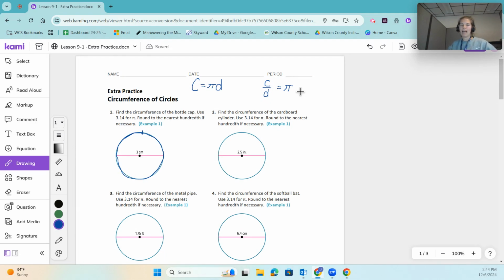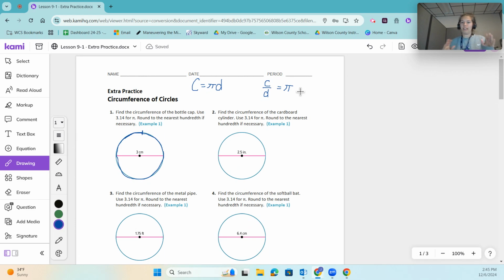Okay, if you had a pop can and you took a string and you wrapped it around the outside of that pop can, and then you figured out what the diameter of that pop can was and you divided those two, you would get a number really close to 3.14 every single time. Okay.